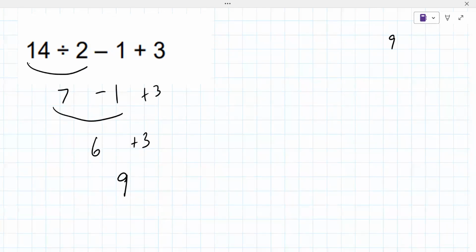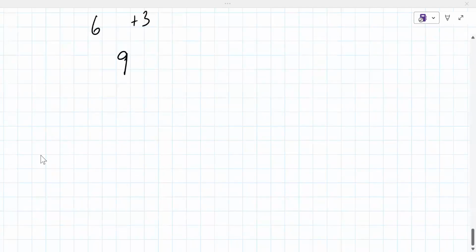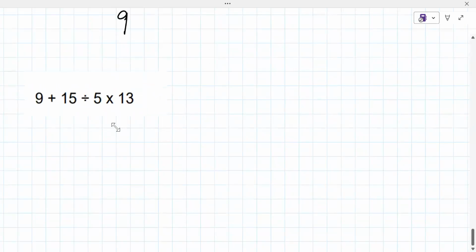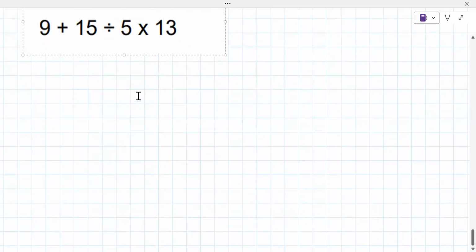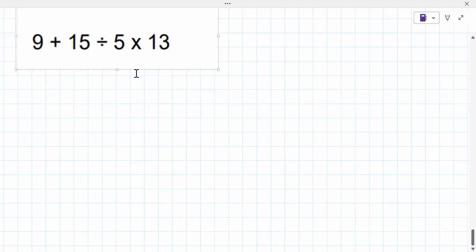So let's look at another problem here. Sometimes you'll get more than one multiplication and division. The problem is, you have to make sure you see that there's addition, division, and multiplication here. So you ignore the addition and just focus on the division and the multiplication. Which do you do first, the division or the multiplication? 15 divided by 5.